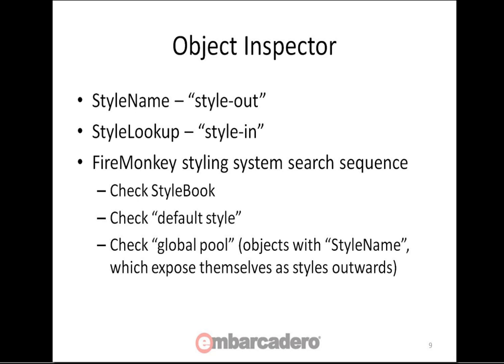So FireMonkey has its own naming technology and search engine. If the object has a style name property, it's an indication to FireMonkey's styling system that this object can be used as a style, and its content will be cloned if this style is used by another component.